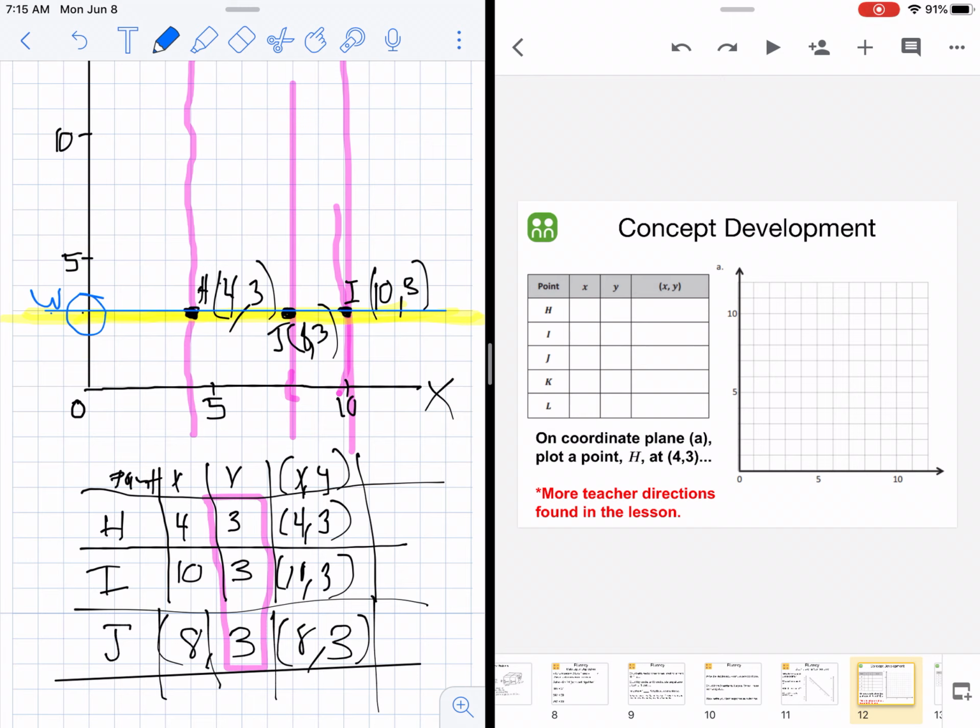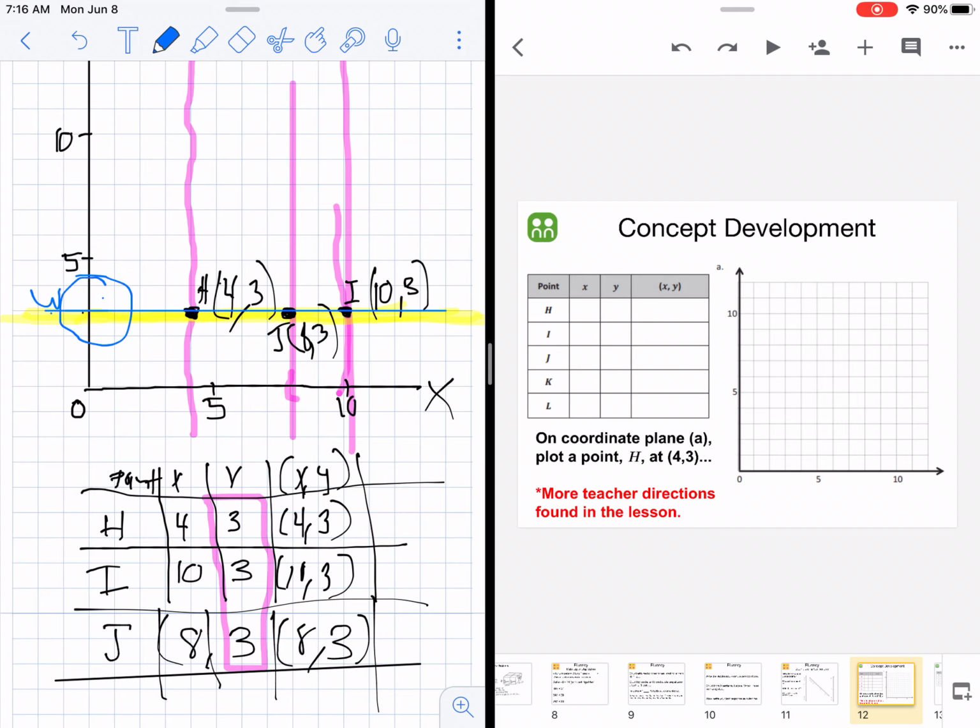Okay? What kind of angle is formed right here? Right angle, you got it. A 90-degree angle is being made when they intersect. When the x and y axis meet, it makes a right angle. And since W is parallel to the x-axis, it also must make a right angle.